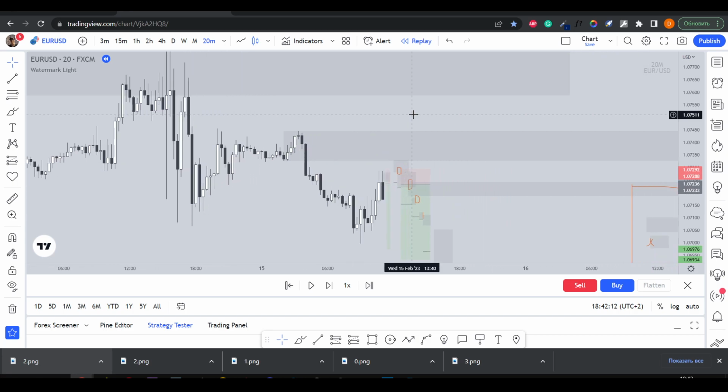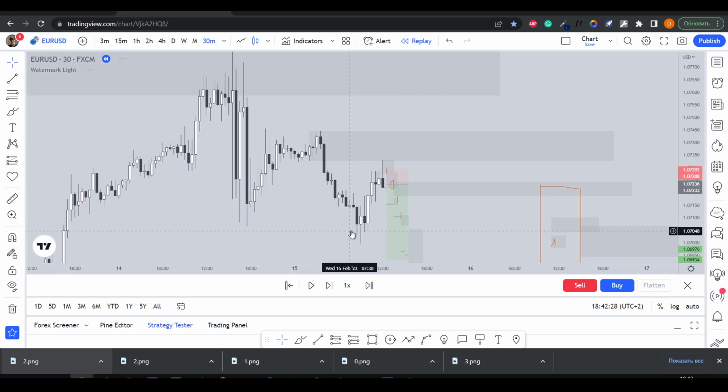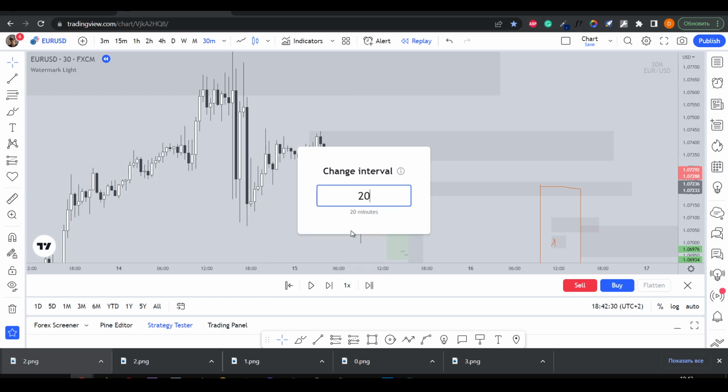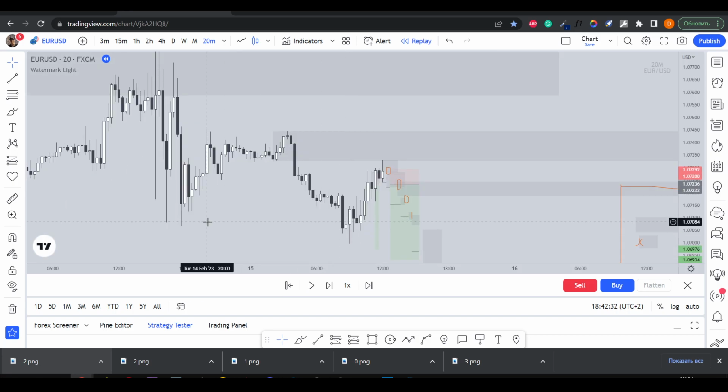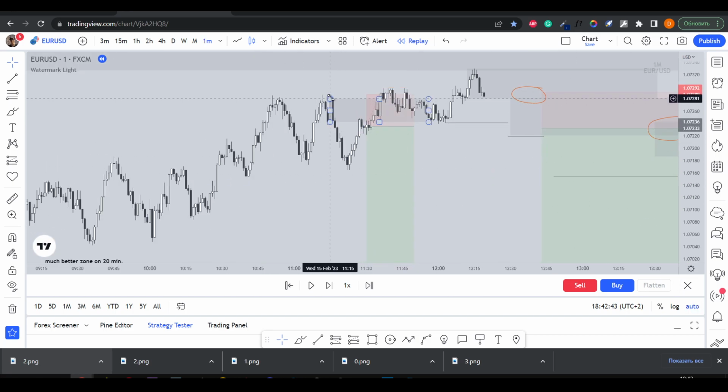So this is how it all looked. We have this range, and then again this really small break, maybe even 30-minute. A really small break, but a technical break, and while the zone was mitigated, I was going to lower time frames, and again first I took this one.